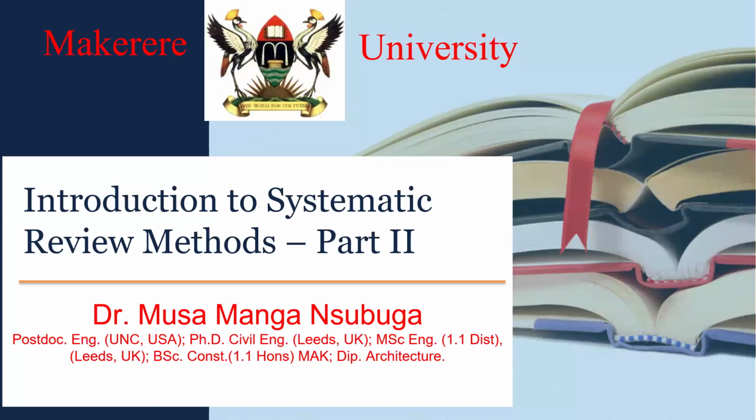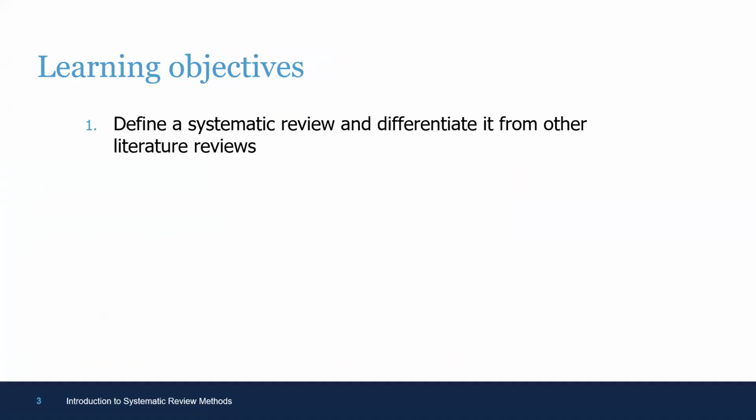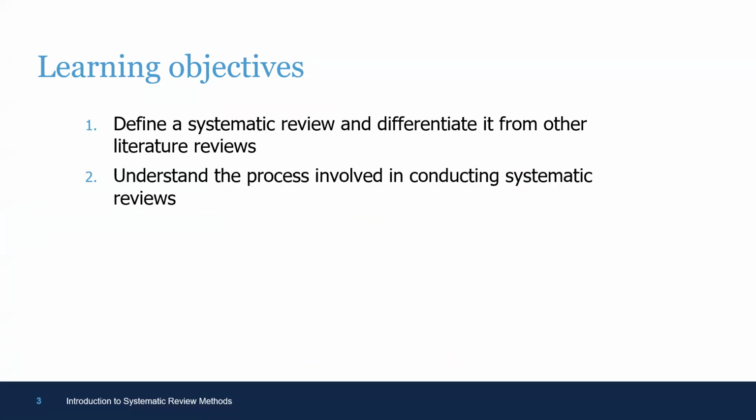So I'll start by giving you a recap on what we looked at, what the objectives of this session were. Last time, we were interested in defining systematic reviews and trying to differentiate them from each other, and we did that very well. We also started on the process of trying to understand what is involved in conducting a systematic review.